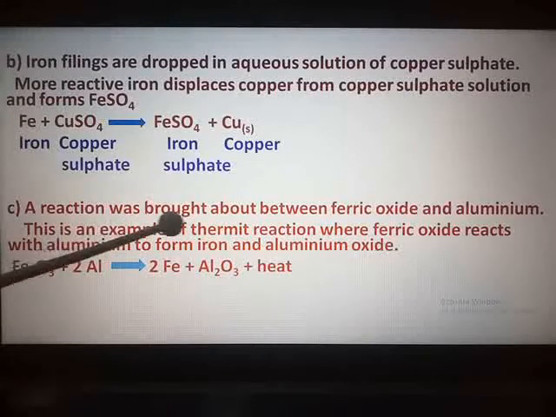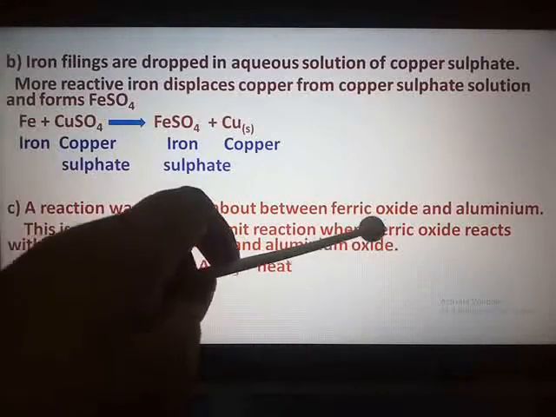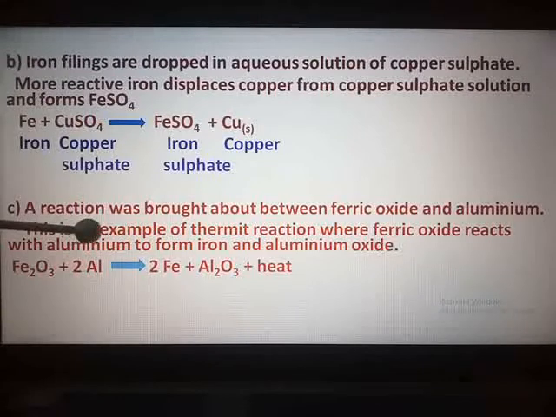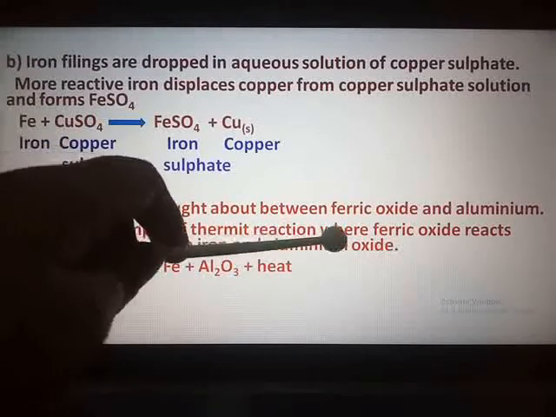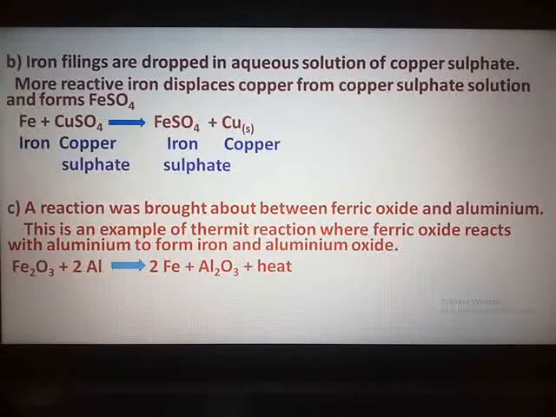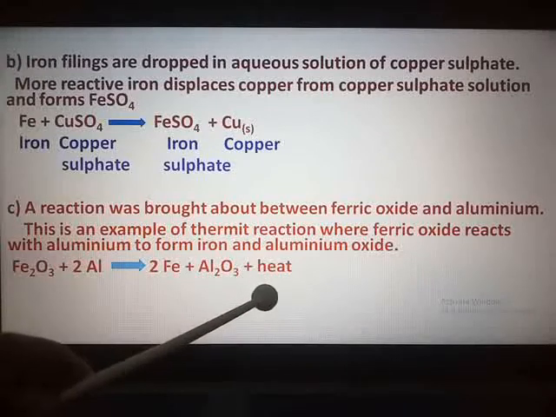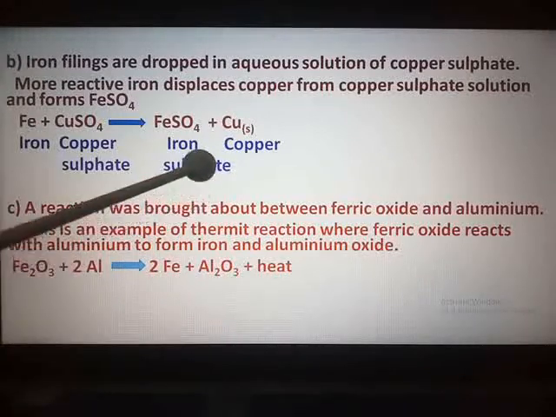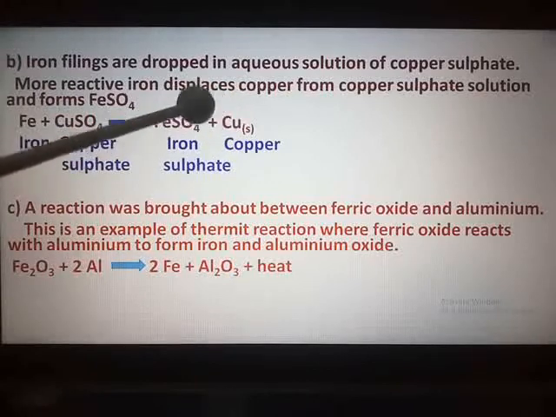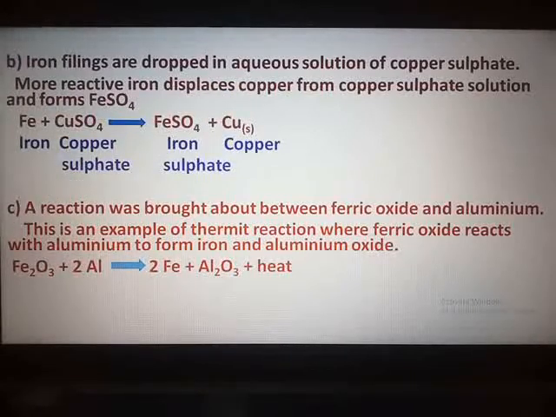So this is an example of thermit reaction where ferric oxide reacts with aluminium to form iron and aluminium oxide. Fe2O3 plus 2Al gives 2Fe plus Al2O3 plus heat. So on page number 105, along with the equation, you have the explanation also on the same page.